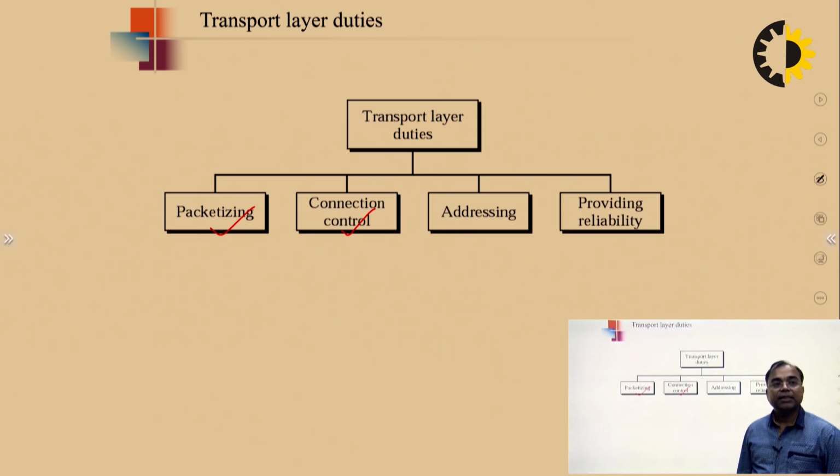The next important thing is addressing of those packets, addressing of those chunks of data, and then providing reliability. Data must be reliable when sent over the network. These are the main and important duties of the transport layer.